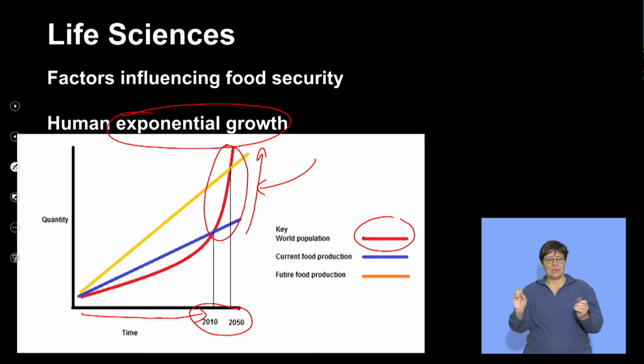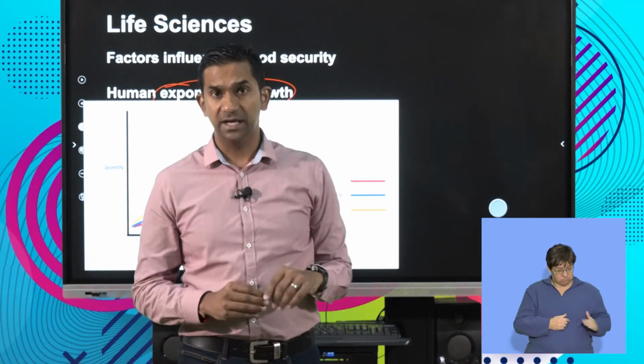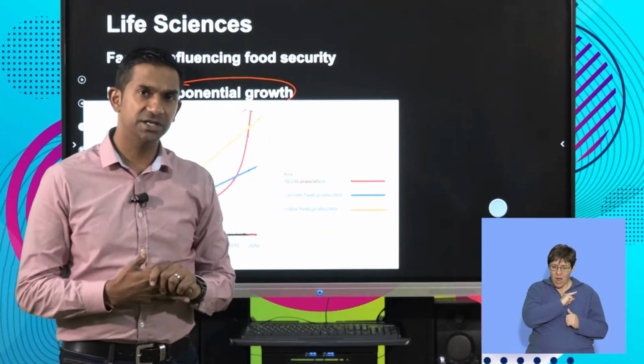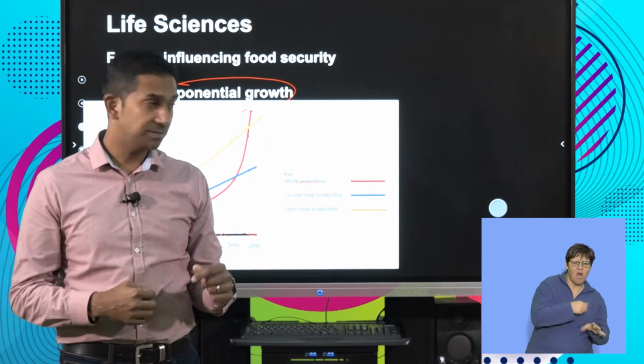However, it's important that we look at our current food production, and that is indicated on the blue line. And that blue line shows you that our current food production has, yes, drastically increased, and that's due to the advancement of technology, due to the access of more farming methods that are more sustainable.